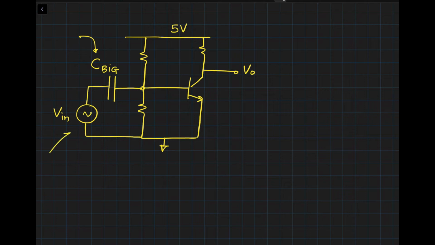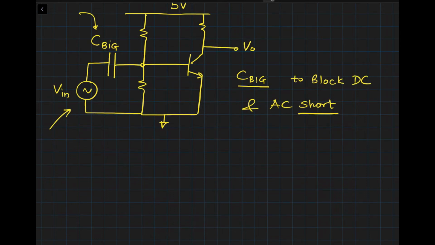Generally this Vin will be coming in from the previous circuit, which is going to drive our amplifier. The capacitor C big helps in isolating the DC operating point of each circuit, removing the loading of one circuit on the following circuit in terms of DC operating point. However, from the AC point of view, this C big can be looked at as a short. We choose C big based on the frequency of operation of the circuit.